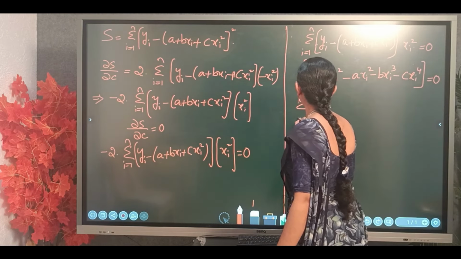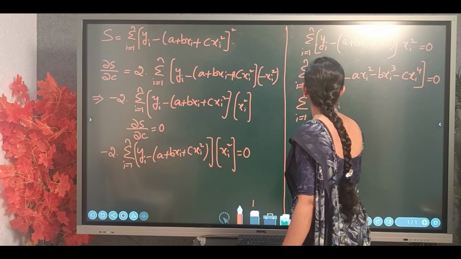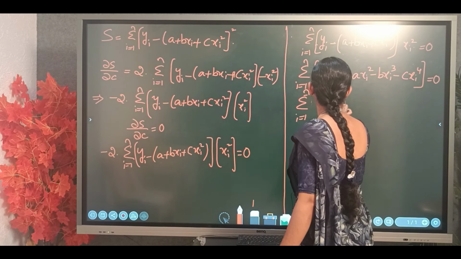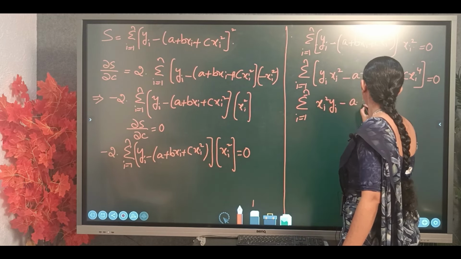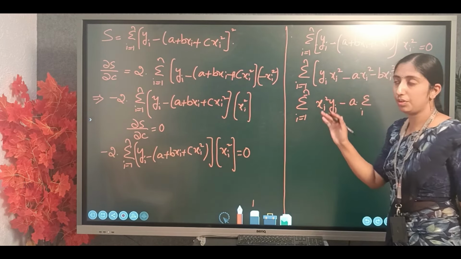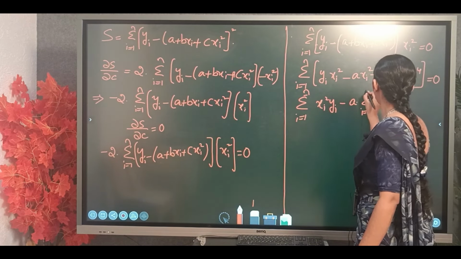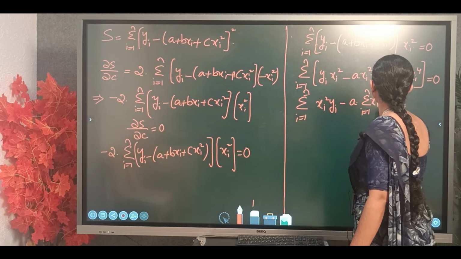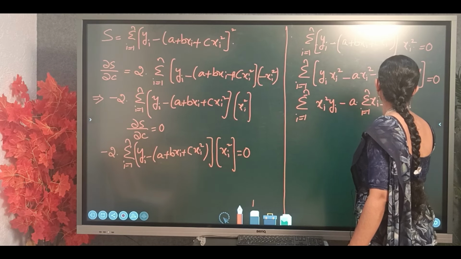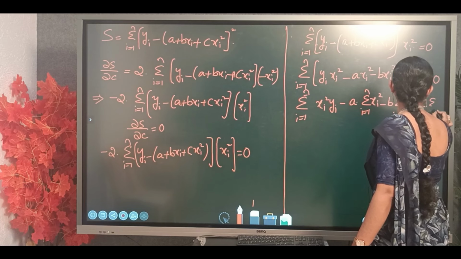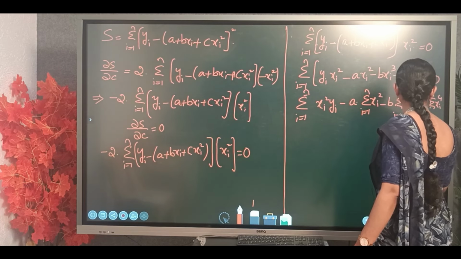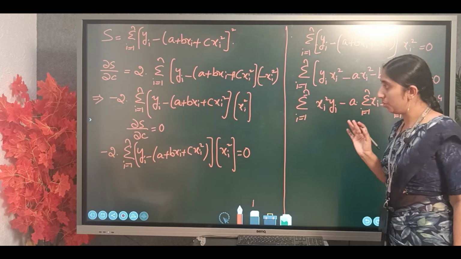So now we separate: summation xi squared yi. Here minus a is constant, that's why we write it in front: minus a summation xi squared, minus b summation xi cubed, minus c summation xi power 4 is equal to 0.